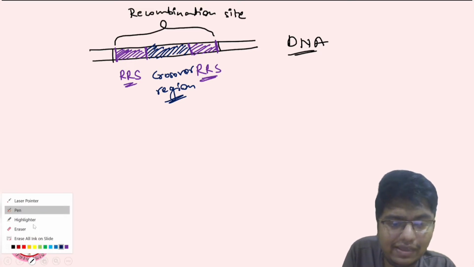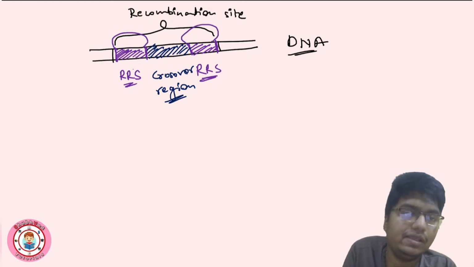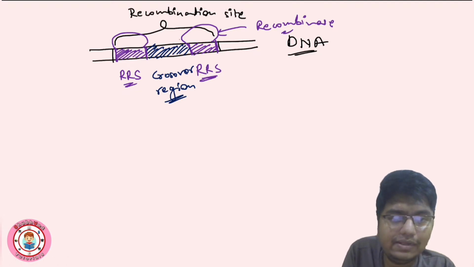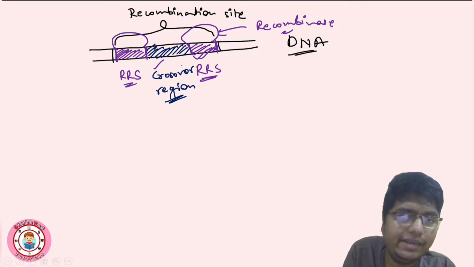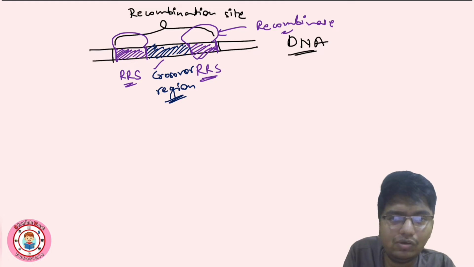This is a sequence present in the DNA where a recombinase enzyme, it may be serine or tyrosine, will come and bind. This recombinase enzyme will recognize this sequence in the DNA, bind to it and start the process of site-specific recombination.